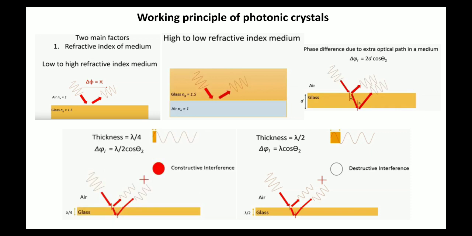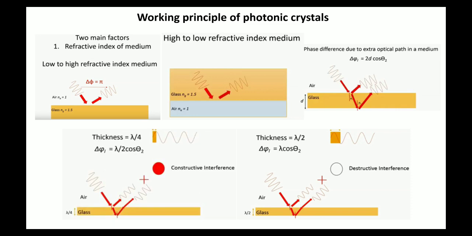Now there is another surface of the glass, which is at the bottom. Some of the light which has been refracted, or which has passed through the top surface, will get reflected from the bottom surface of the glass. So not all the light, 100%, gets reflected.